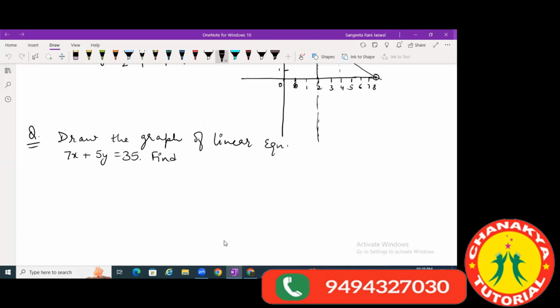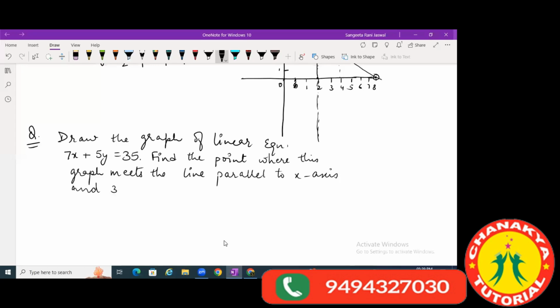Find the point where this graph meets the line parallel to x-axis and 3 units above it.